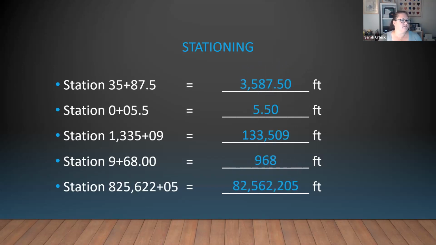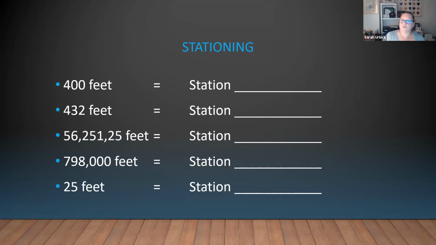All right, duplicated the slide, sorry. So a little more fun. If I tell you I'm at 400 feet, what would my station be? Got to be able to go both ways. Correct. Don't forget that plus 0, 0.